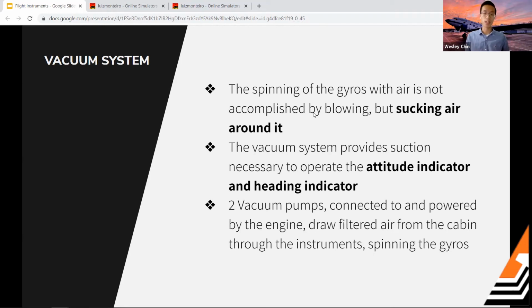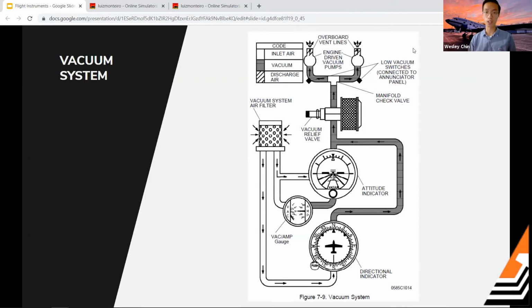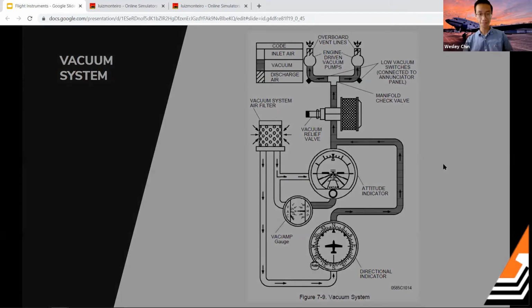But basically, we've got 2 vacuum pumps that are connected and powered by the engine, and they're drawing filtered air from the cabin through your instruments, which allows it to spin the gyros. This diagram comes directly from the POH, so we can take a look. There's your 2 engine-driven vacuum pumps and the vacuum system air filter drawing air from the cabin, sucking the air through all your instruments and the vacuum gauge and all the way out your overboard vents.